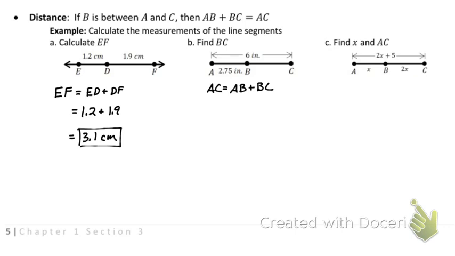So we're looking for BC, so if I want that on the same side, we can go something like BC equals AC minus AB, which in this case would be 6 minus 2.75, and unless I can't do math, that should be 3.25 inches.